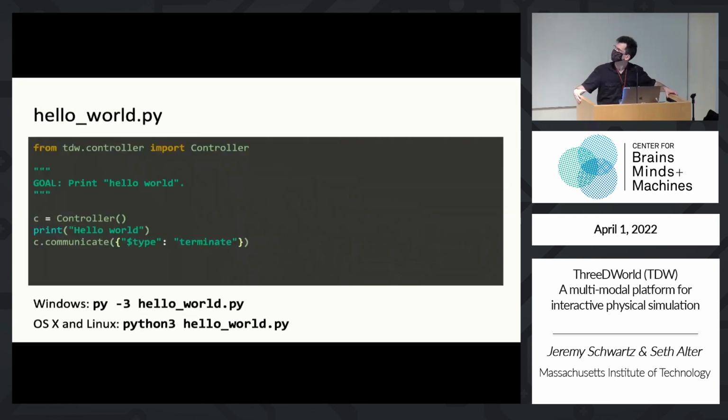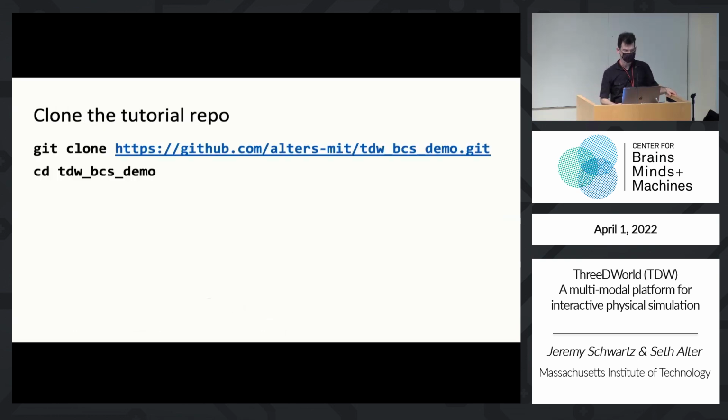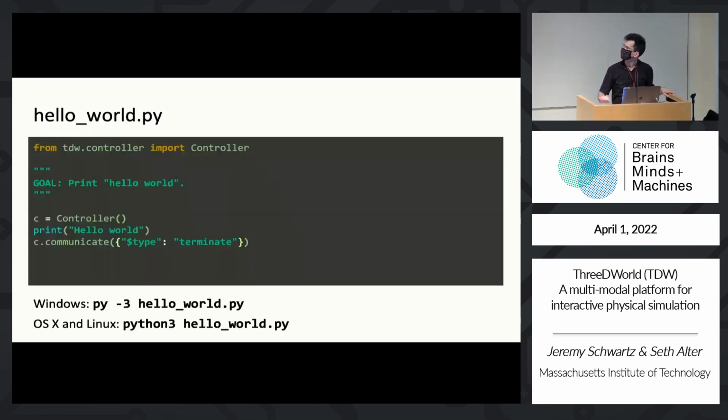So the first script we're going to run is hello_world.py. If you change directory to the TDW BCS demo, and then just run python3 hello_world.py, this is going to launch a Python script.